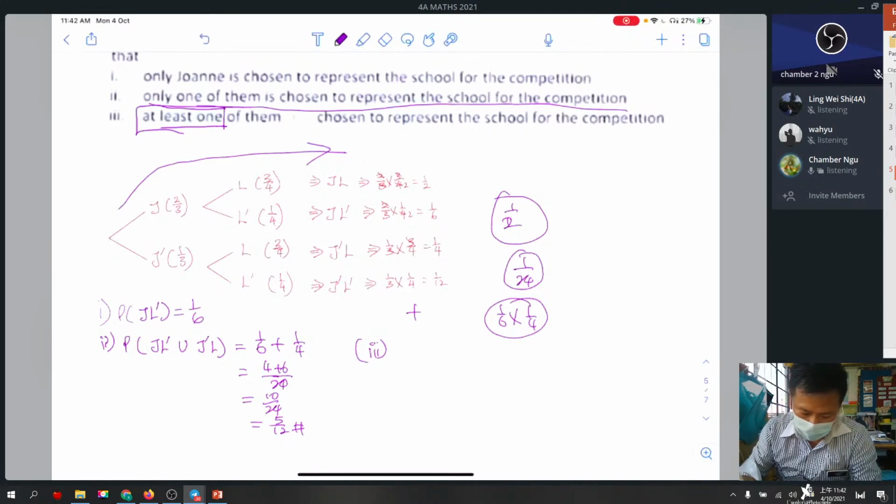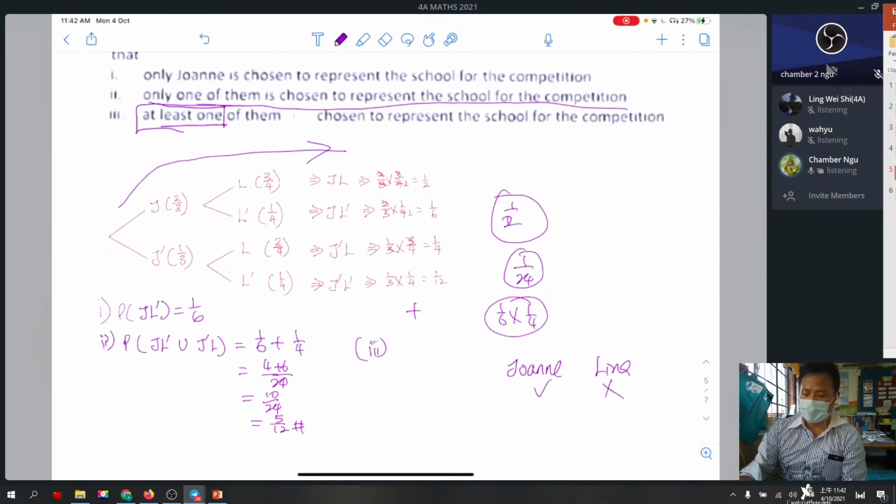Sekarang kita ada join. Ada Lina. Sekurang-kurangnya seorang dipilih. Maksudnya macam mana combination dia. Join dipilih. Lina tak dipilih. Boleh? Boleh tak? At least one. Boleh? Can or not?